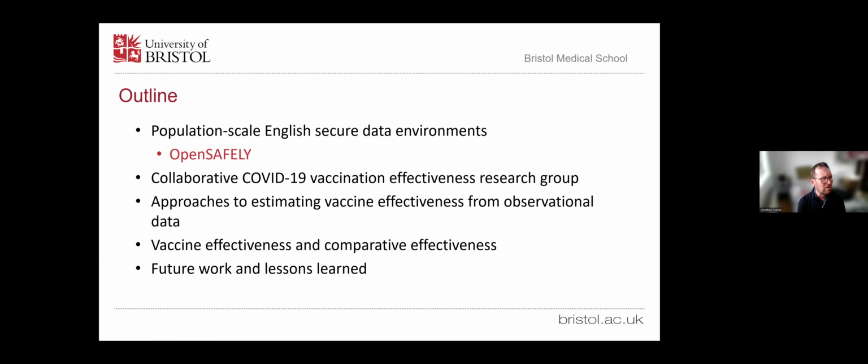So I'm going to start by talking about the population scale English secure data environments that were created rapidly during the pandemic, and in particular about the OpenSAFELY platform, which was used for the analyses I'm going to present today. That will lead me to introduce our collaborative COVID-19 vaccination effectiveness research group.